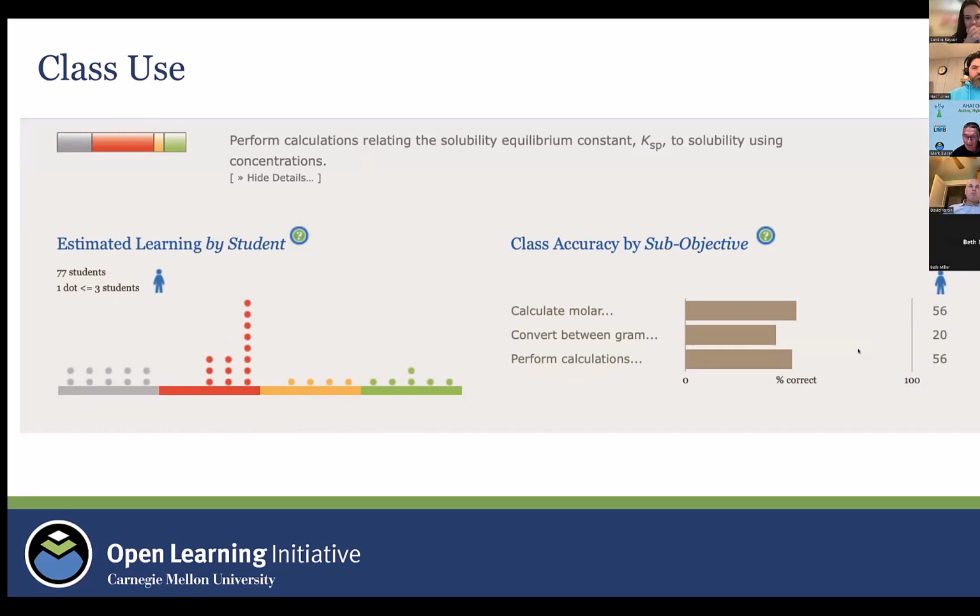You also have this, where a high number of students did activities with calculations involving molarity and concentrations, but only about a third of the class did conversions between grams and moles in terms of solubility. It gives you some notion of where to spend class time. I don't need to spend too much time on the things they're doing well on, and can have more practice with the things they are struggling with.